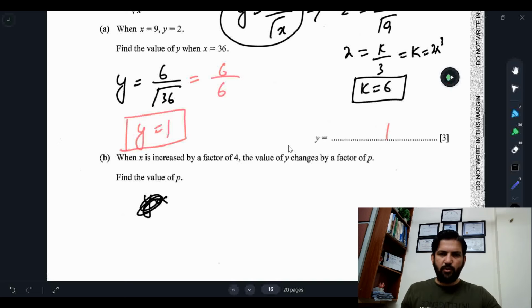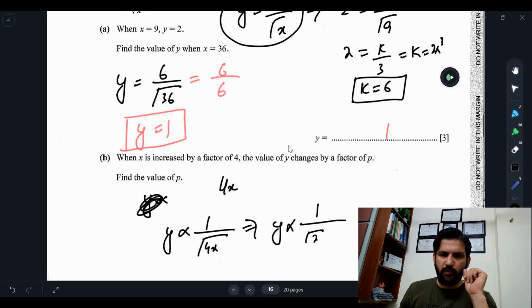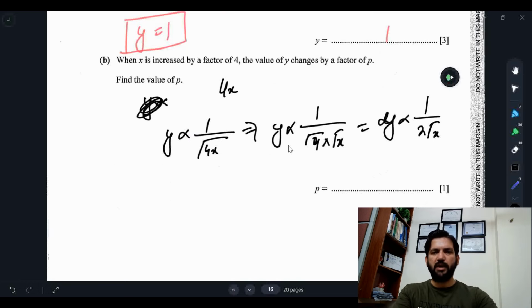Now we can write it as y is proportional to 1 by square root of 4x, and we can write it as y is proportional to 1 by square root of 4 multiplied by square root of x. Now we know that y is proportional to 1 by 2 square root of x. From here we can directly say that the change is basically 1 by 2. So we can write p should be equal to 1 by 2. I hope that the concept is clear.